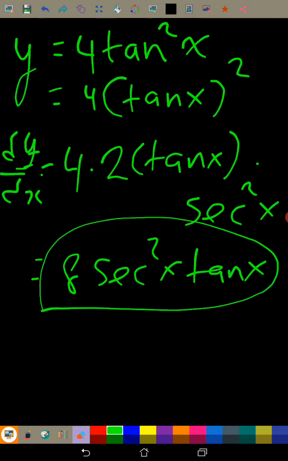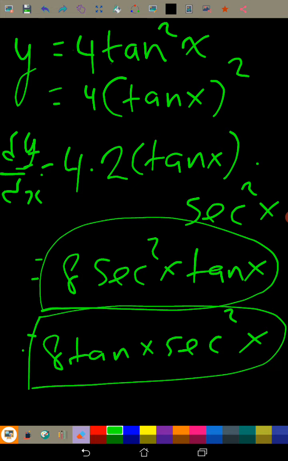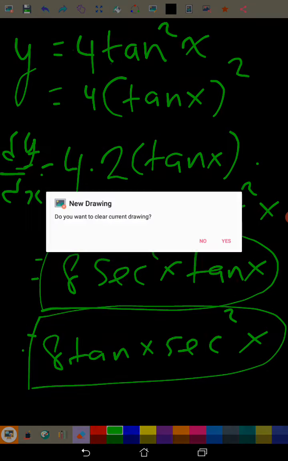Let's have a look. 8 tan x sec squared x. So the correct answer has the power at the end, but it's good. Well, let's do something else. If we have y is equal to sine of x cubed minus 7, it's very easy.